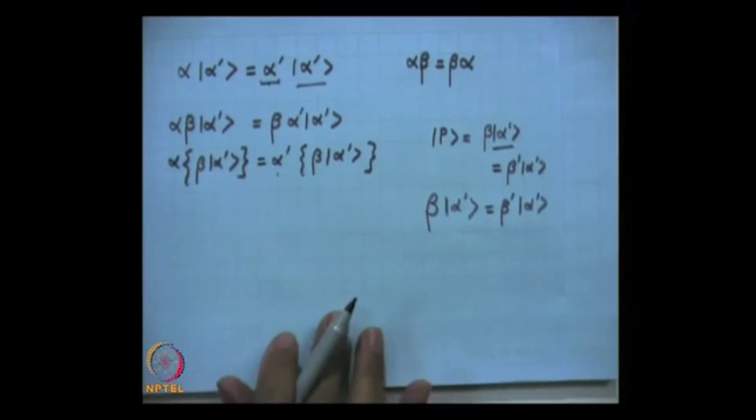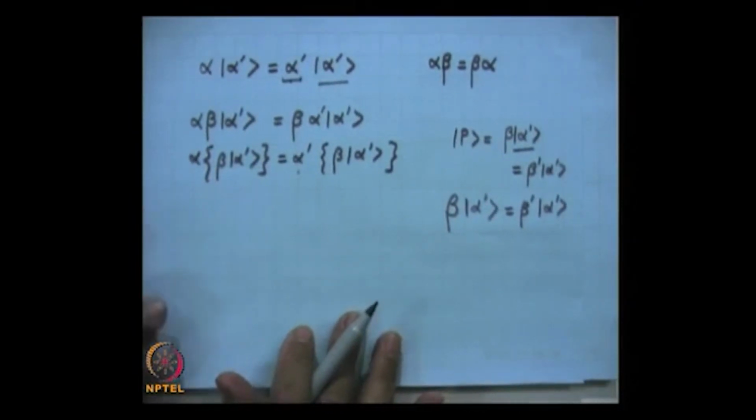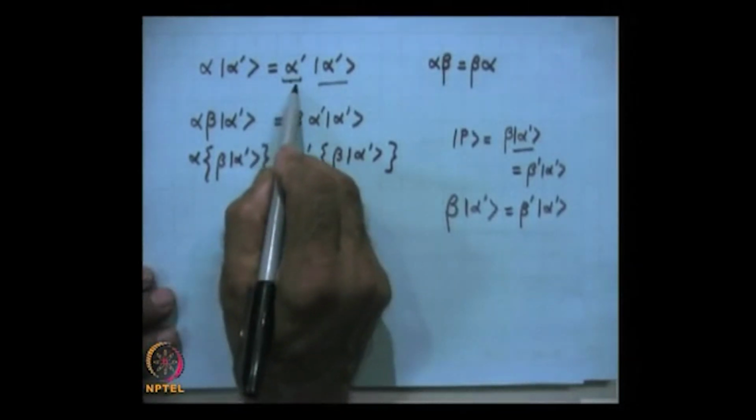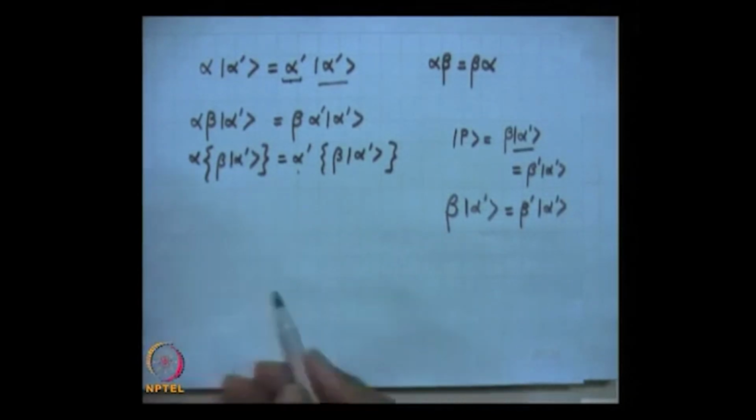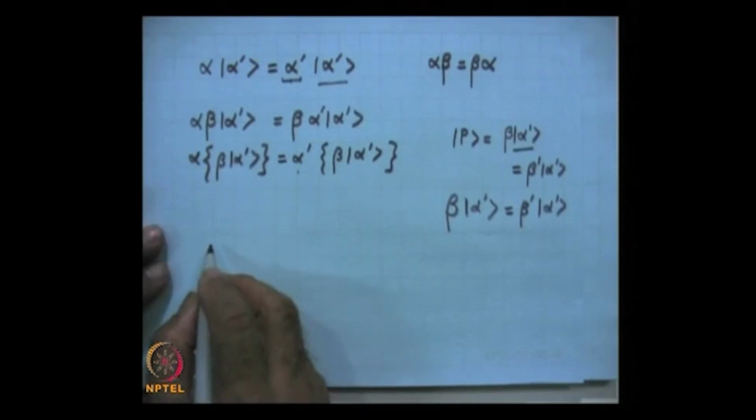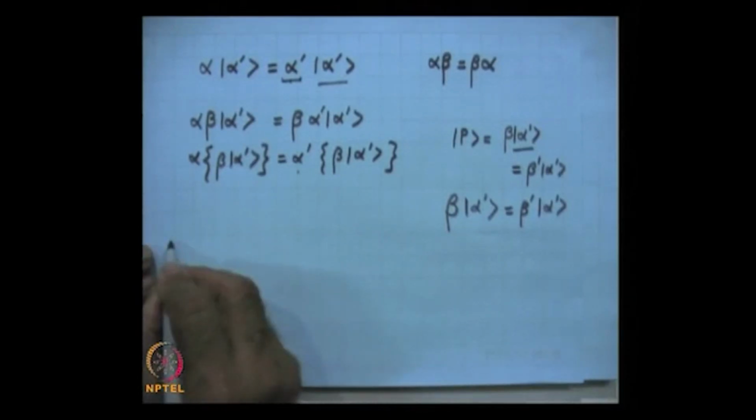We continue our discussion and we say that let us suppose this is a degenerate eigenvalue. That is, let us consider this simple case where the degeneracy is twofold.